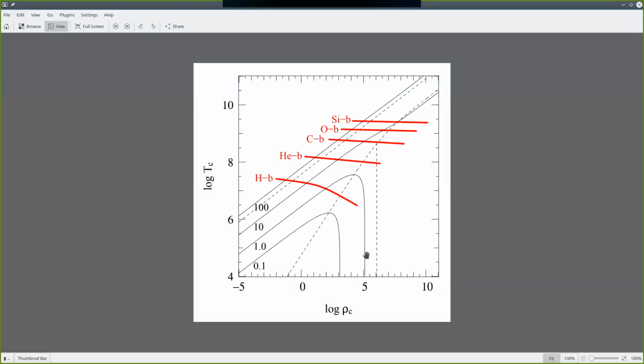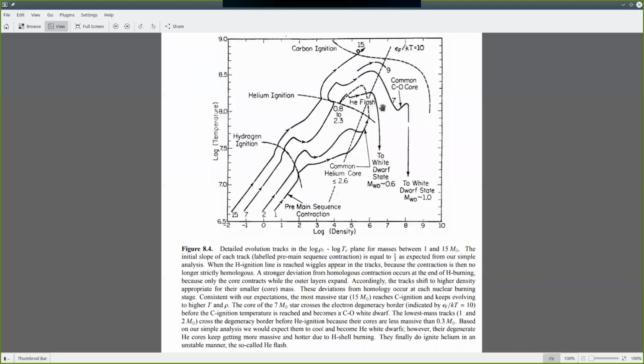Actually, the real evolution track of the center is a little more complicated. Here you can see the lines are not perfectly straight because the star doesn't maintain a perfect behavior. They are not perfect polytropes. You're just considering several polytropes altogether.